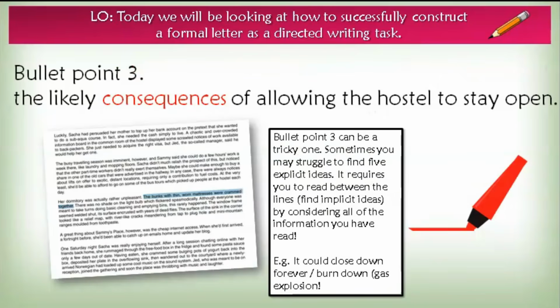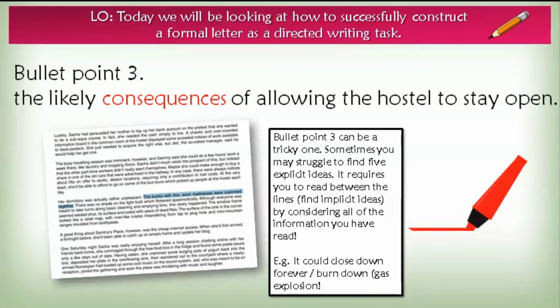Now the last bullet point wants you to address the consequences of allowing the hostel to stay open. If you've watched my previous videos, you'll know that bullet point 3 can be quite tricky because sometimes the ideas aren't as clear, i.e. it's not easy to find 5 explicit ideas.